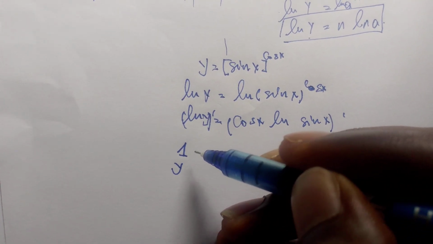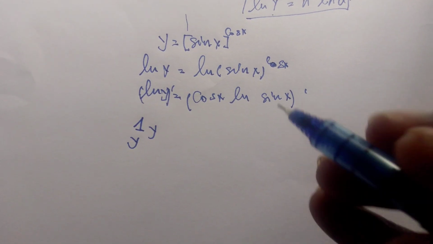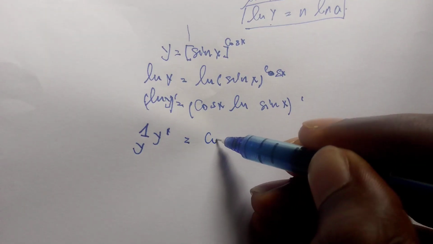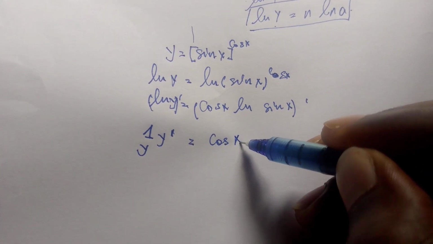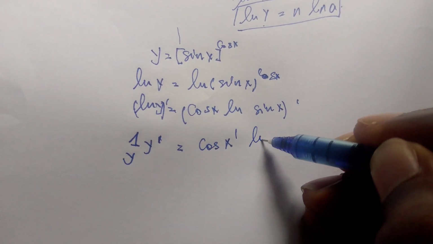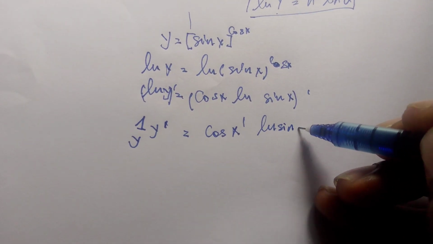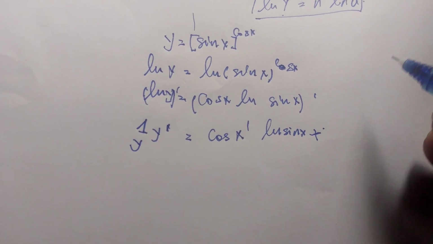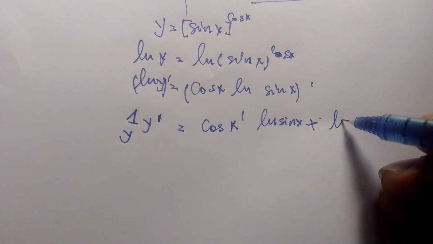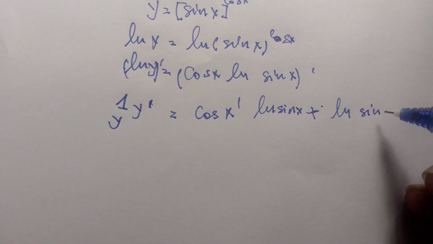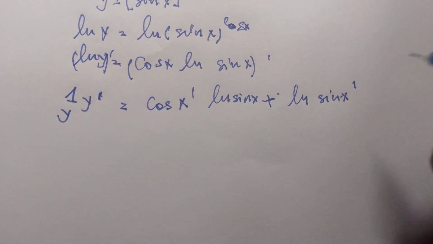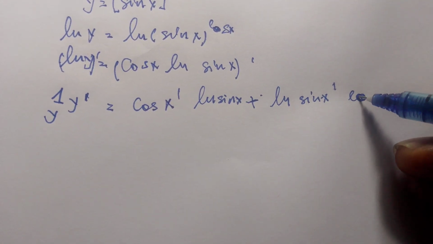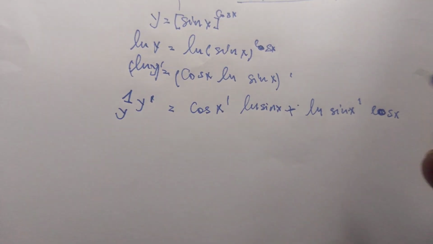1 over y derivative equal to cosine x derivative, then ln sine x, plus ln sine x derivative, then cos x.